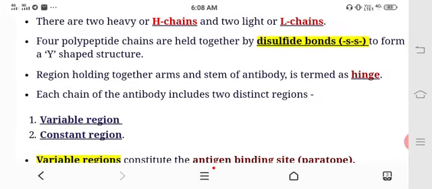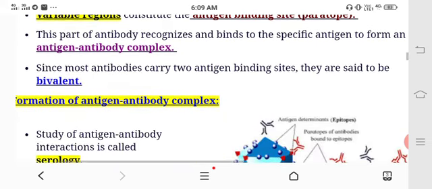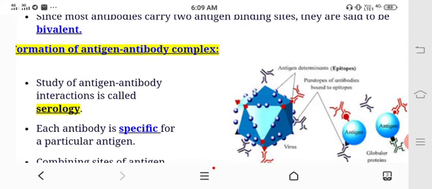Each chain of the antibody includes two distinct regions, that is variable regions and constant regions. The variable regions constitute the antigen binding site. Antigen binding sites are called paratopes. This part of the antibody, the paratope, recognizes and binds to a specific antigen and forms the antigen antibody complex.